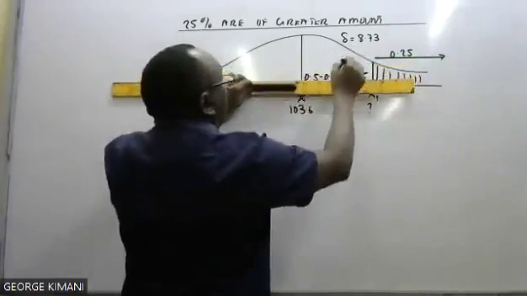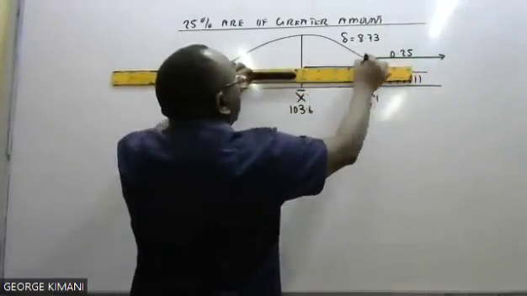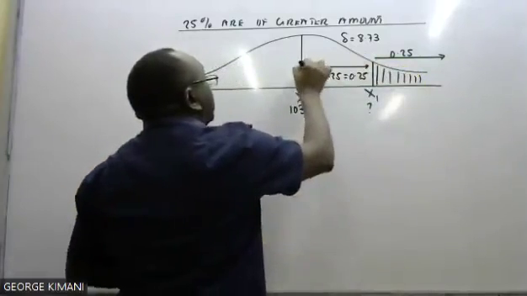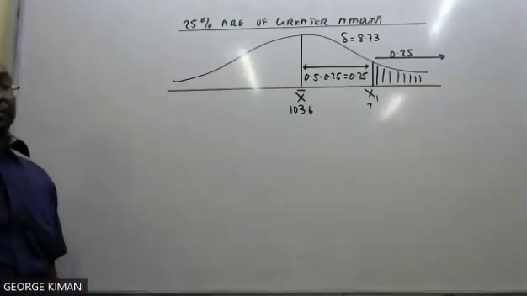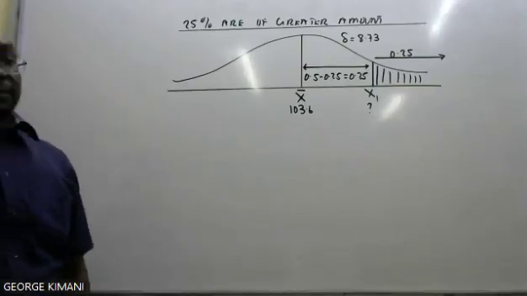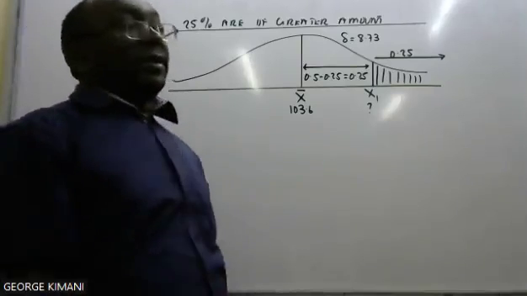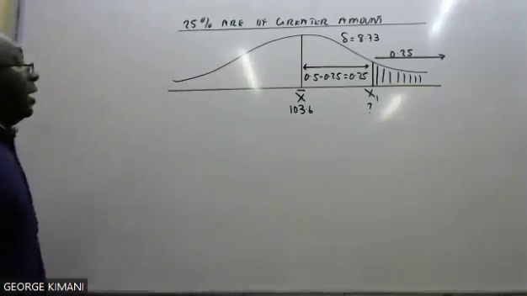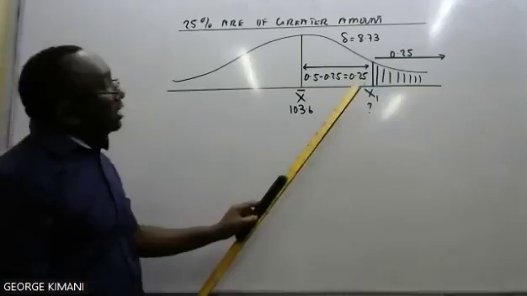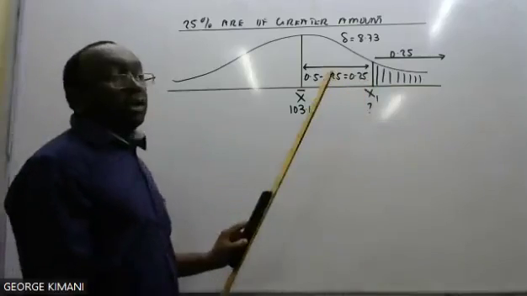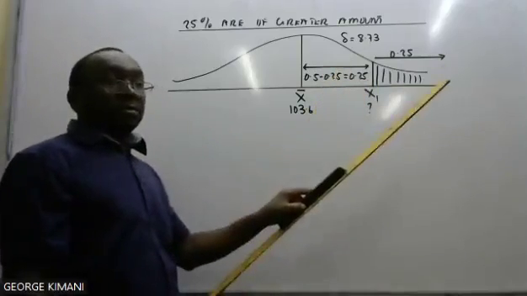So this space here is 0.25. Have we understood that?